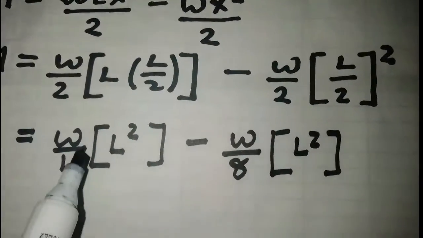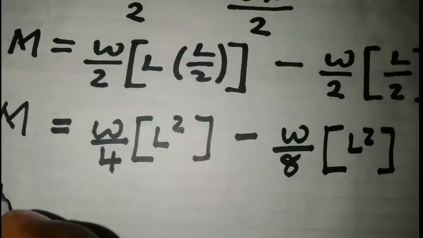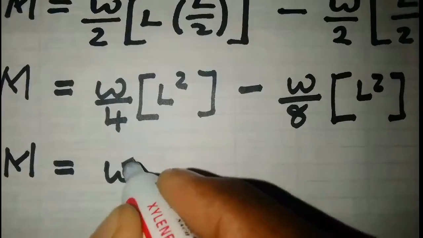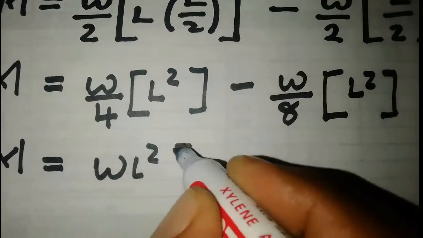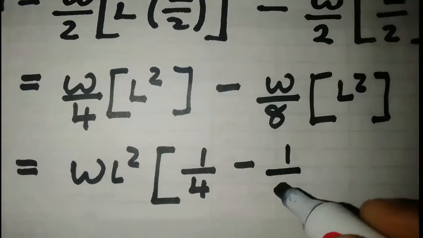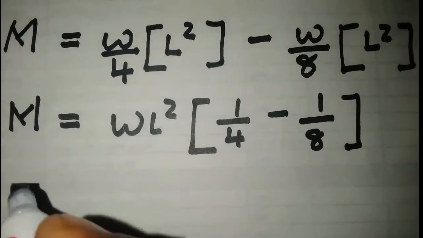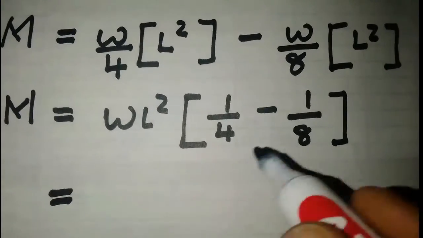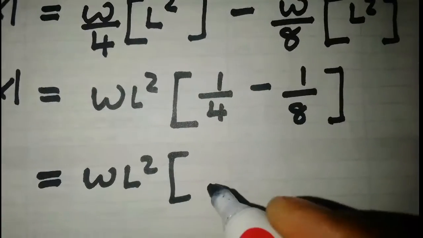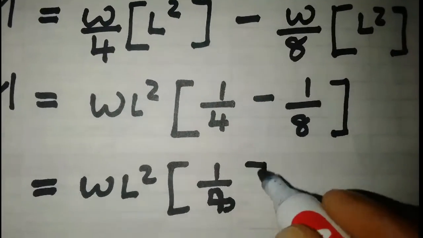So we've got WL squared, WL squared, we're going to factorize here. So the bending moment M will be equal to WL squared of 1 over 4 minus 1 over 8, and if we subtract here, WL squared, we have 1 over 8.